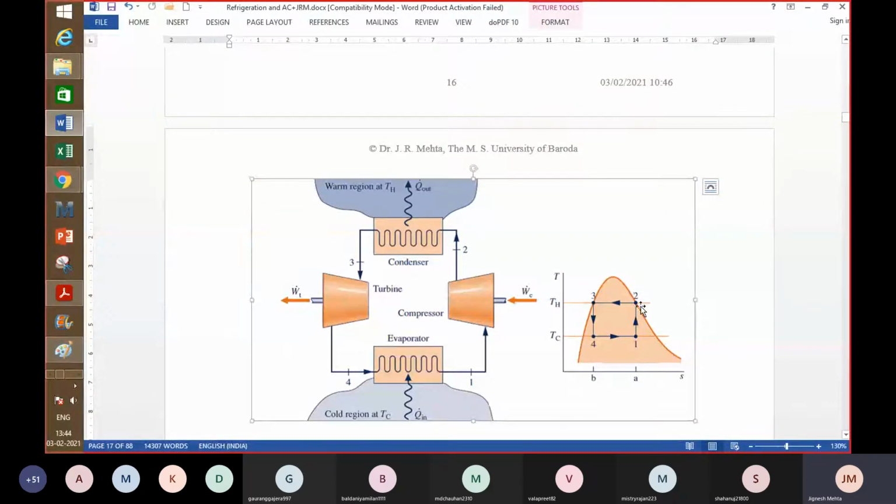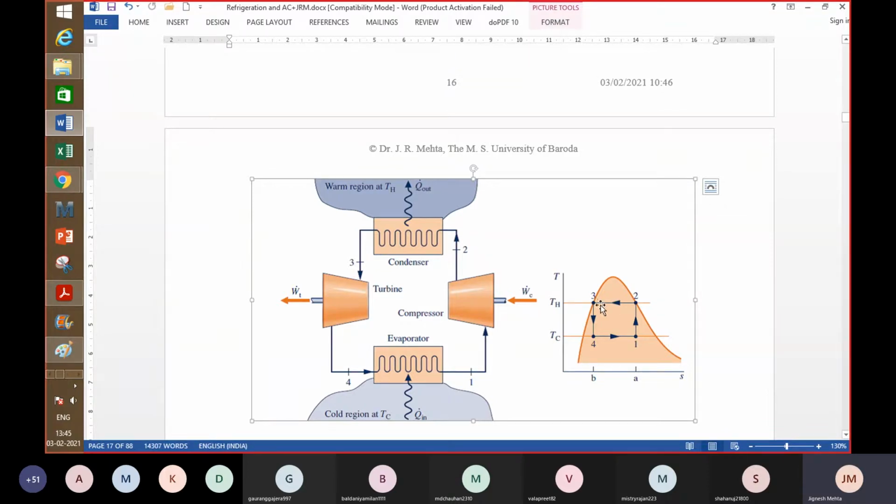In that case, this 2,3, which we used to call isothermal compression, you can still call it isothermal compression. Isothermal is possible because condensation is occurring, and this has actually become a heat exchanger. Now it is not a compressor, it is a heat exchanger. You can still call it isothermal compression, but a better word probably could be contraction rather than compression, right?